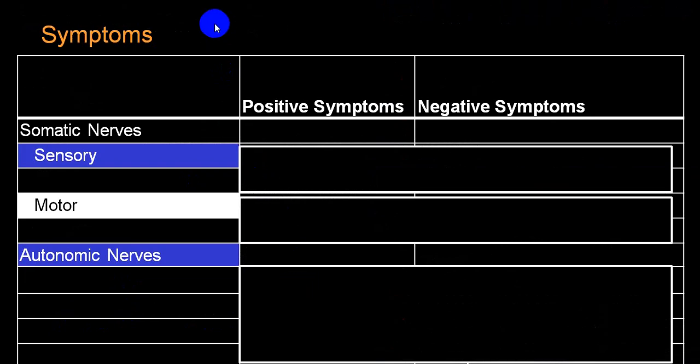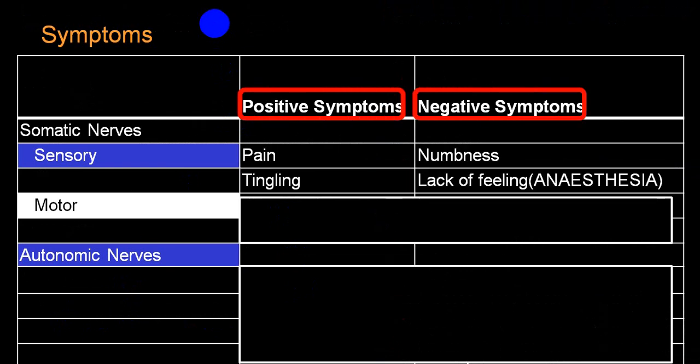Putting together, they divide into positive symptoms and negative symptoms. No need to panic. Positive symptoms means those symptoms which are present in sensory, like tingling, numbness, we call paresthesia, and hyperesthesia, while loss of sensation we call negative symptoms like numbness and anesthesia.